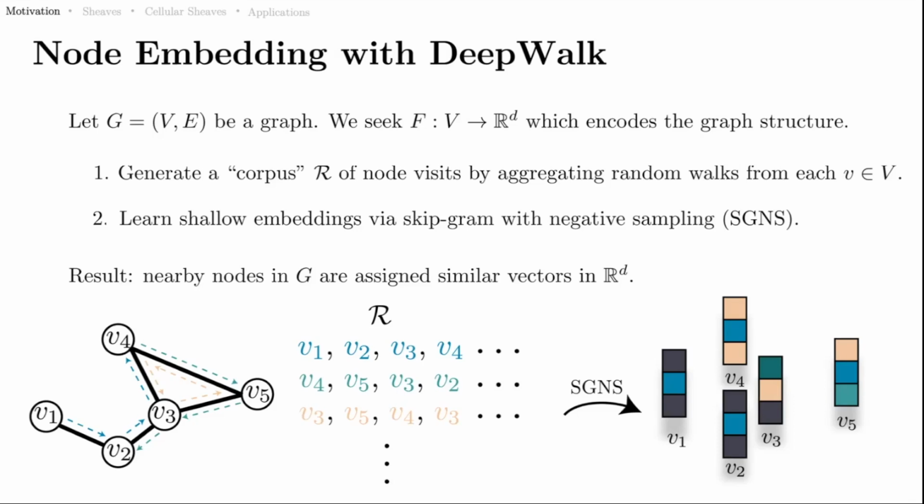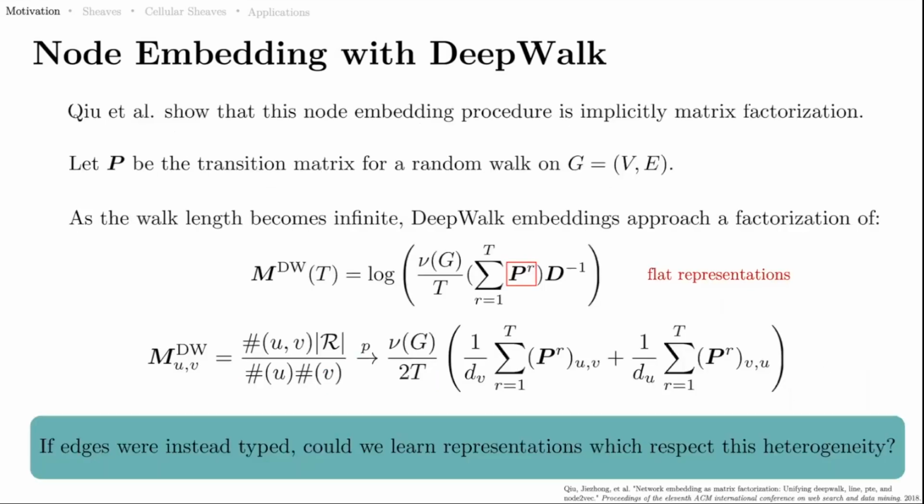DeepWalk then uses the skip-gram with negative sampling embedding framework, which is what node2vec uses. And really, DeepWalk is just a graph version of word2vec in some way. The result of this process is that nodes that are nearby in this random walk sense are assigned similar vectors in our representation space. We can break this down a little bit further to really see what this local inductive bias is.